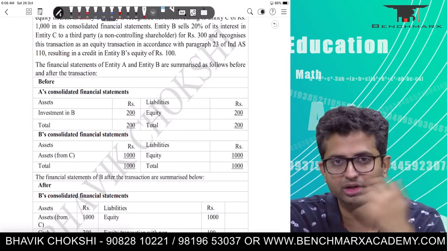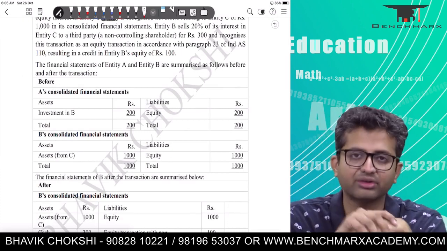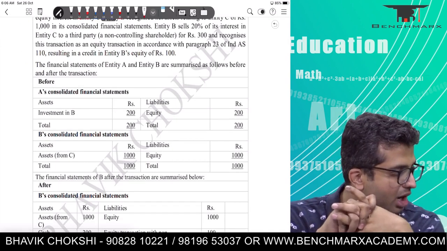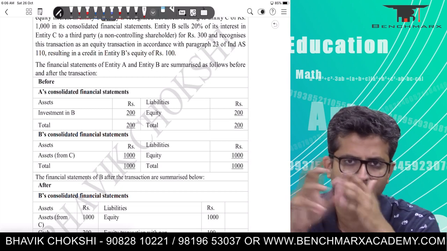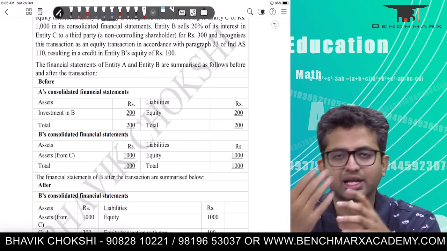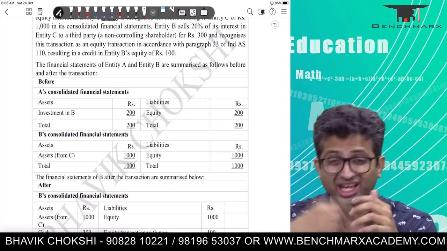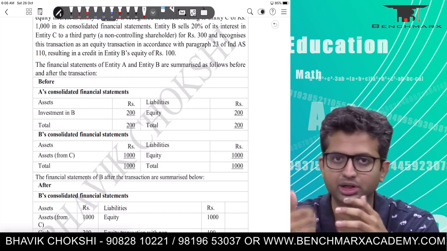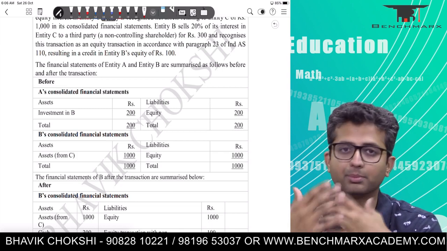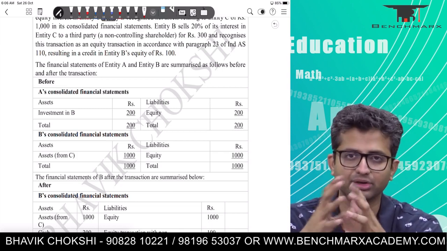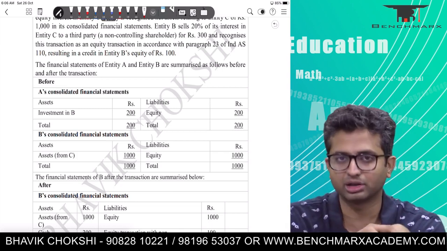What is happening here is there is a significant influence, and if there is a significant influence, we do the accounting not using the proportionate consolidation method, but using the equity method, and hence whatever is the share in equity, and the equity can comprise capital, retained earnings, OCI items, even items generally shown in other equity.